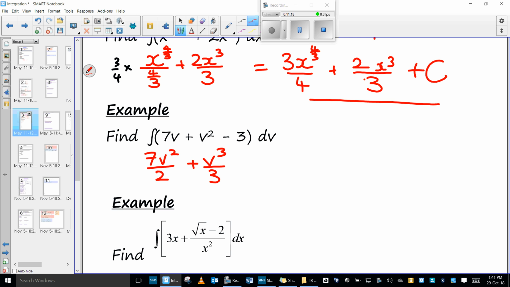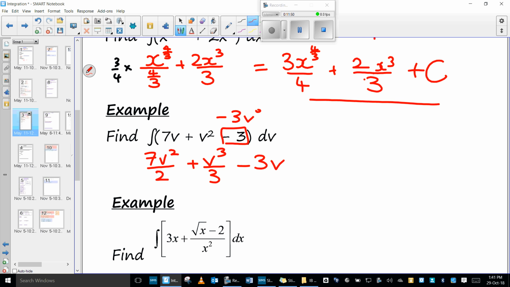Oh, here we go. What happens here? Minus 3b. Because secretly, what is the power of b here at the moment? It's 0. So secretly, when I've just got minus 3, I could have written minus 3b to the 0.